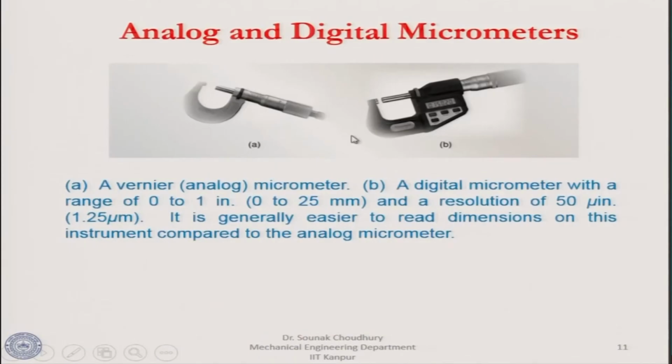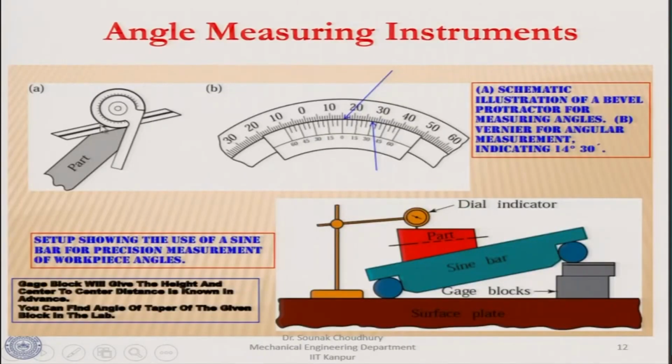We will see the digital micrometers and the analog micrometers in the lab. Now, here, what I was talking about is the protractor. Suppose we have a part like this, shown in gray. This part can be placed in this, or rotated about this axis, so it can be adjusted according to the angle, and then the angle will be displayed here.